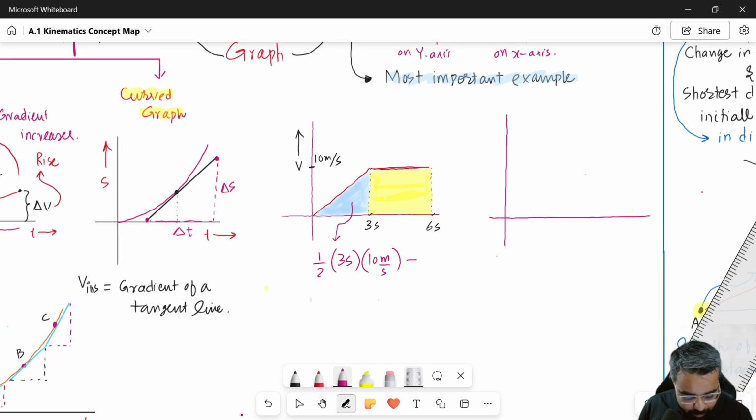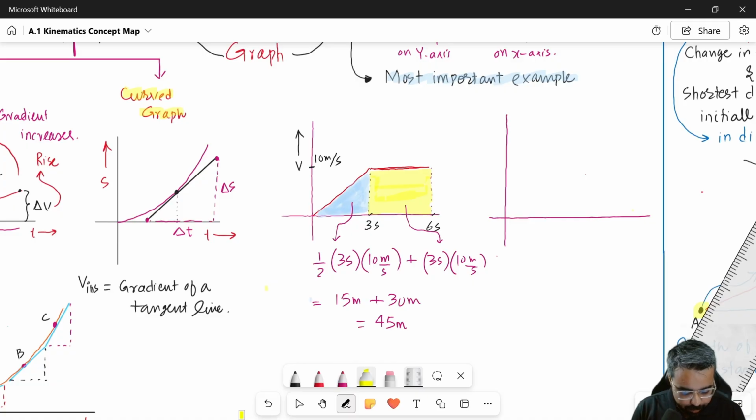Plus now the area under this rectangle is equal to the base, that is 3 seconds, into the height, that is 10 meter per second. So you can calculate it. It will be simply 30 over 2, that is 15 meters, plus 30 meters, so that is 45 meters, the displacement covered during this.